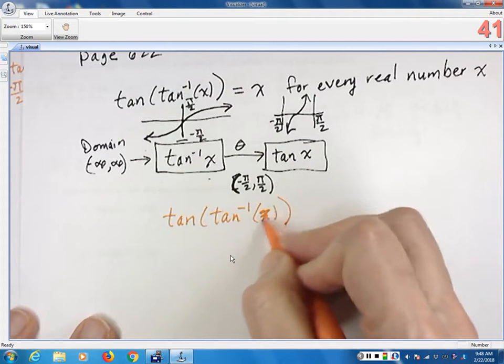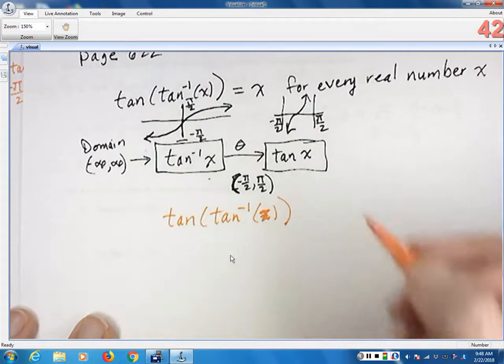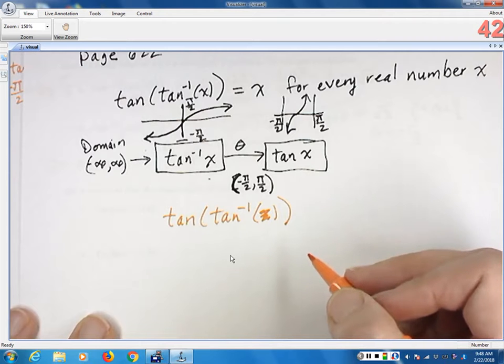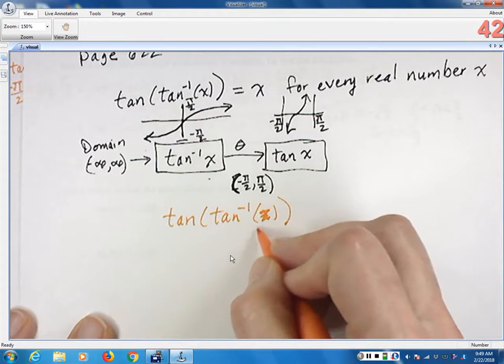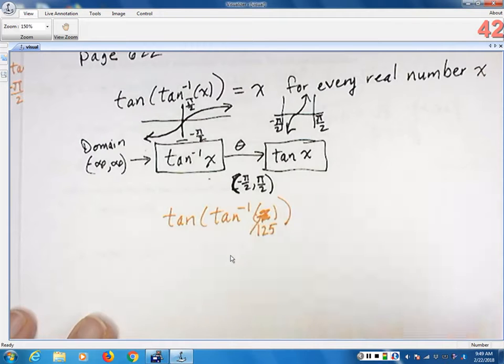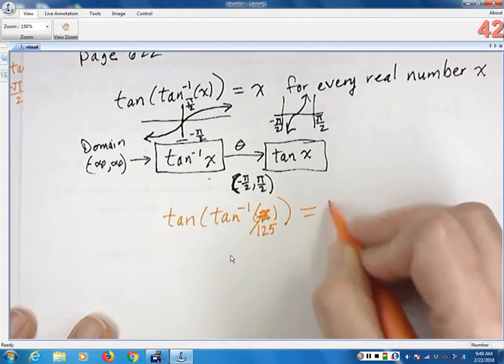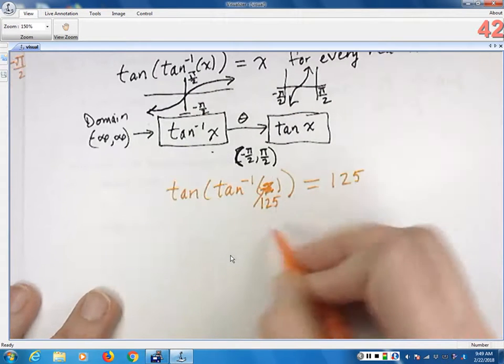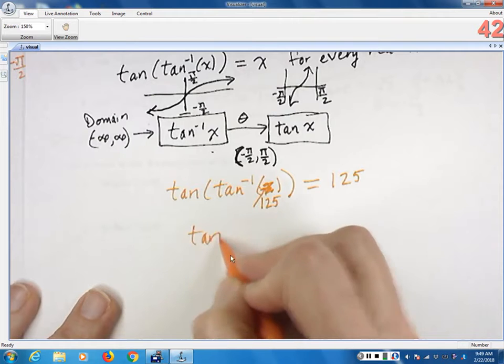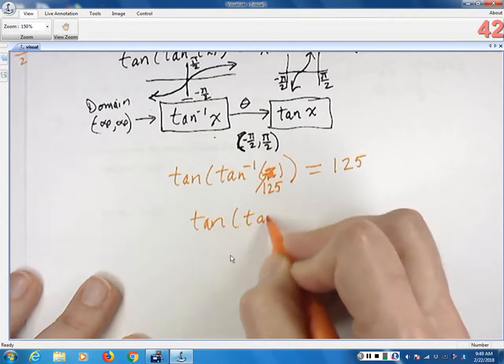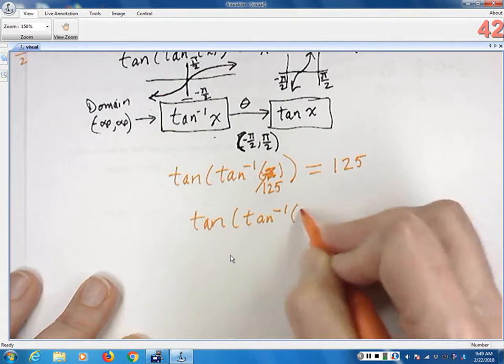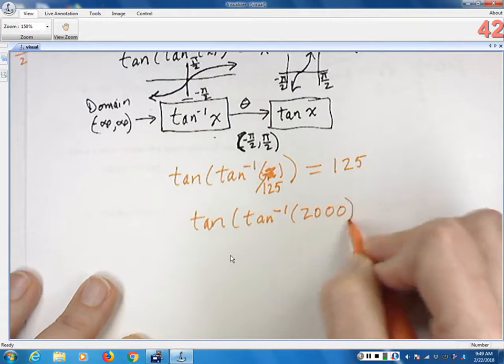Let's replace x with, and if you put any number in here, so the book had 125 in here for x. 125. You get 125. You can put in tangent of tangent inverse of 2000. Doesn't matter.